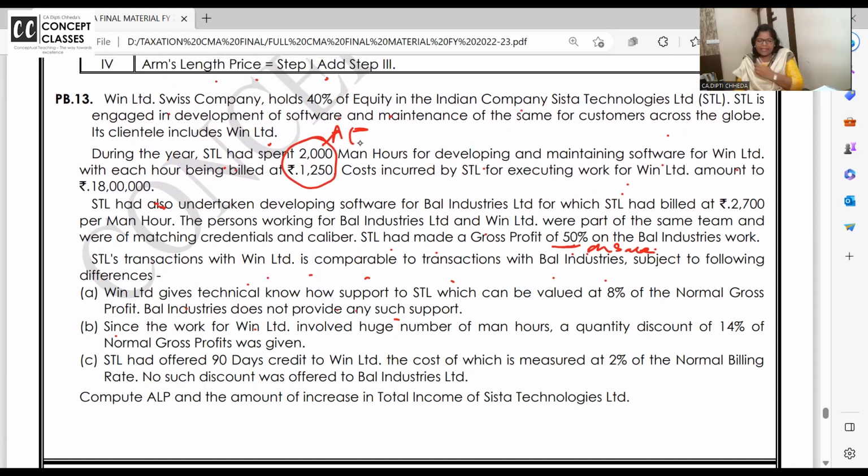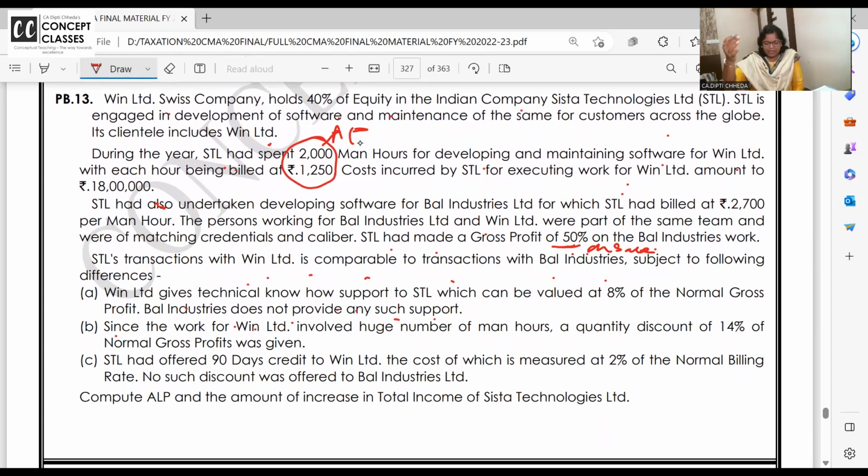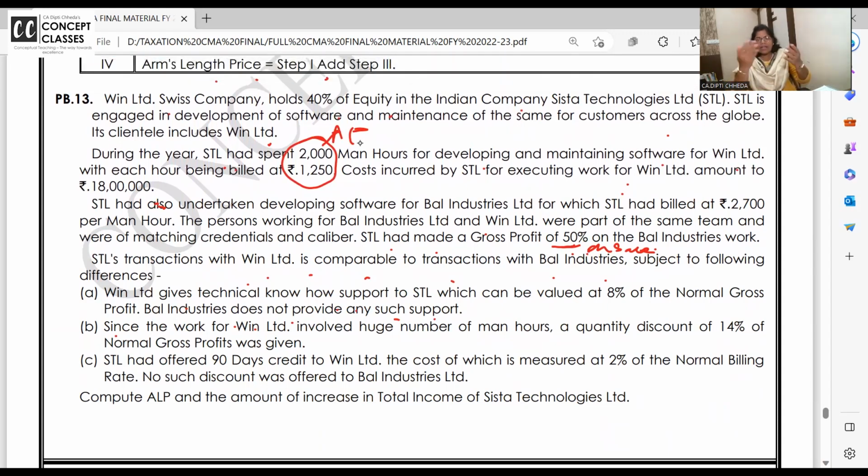So what are we doing? We are giving such service to BAL also, but BAL Industries is not giving any support. But our foreign company Win Limited, we are giving software service to them, but they are also supporting us, and their support is like 8% of the GP. So because they are supporting up to 8% of GP, my profit I will reduce, no? Are you all getting it? Yes, so this will become, from my GP the profit will be minus.